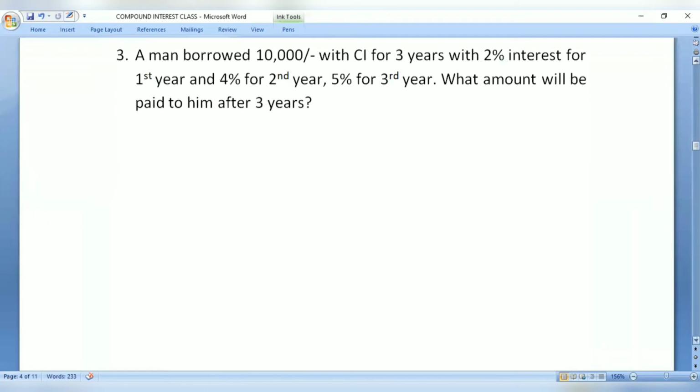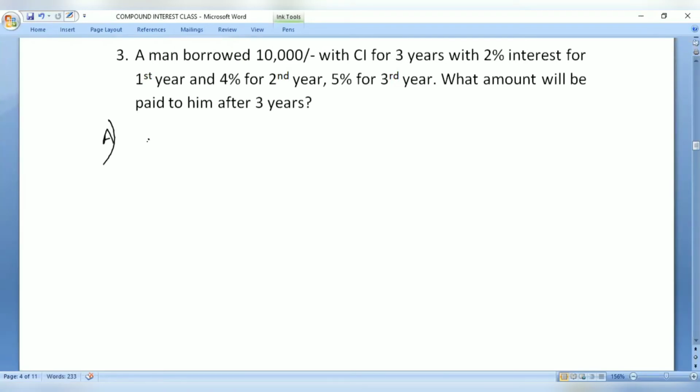Now see the question here. A man borrowed 10,000 rupees with compound interest for 3 years with 2% interest for the first year, 4% interest for the second year, and 5% interest for the third year. What will be the amount paid to him after 3 years?